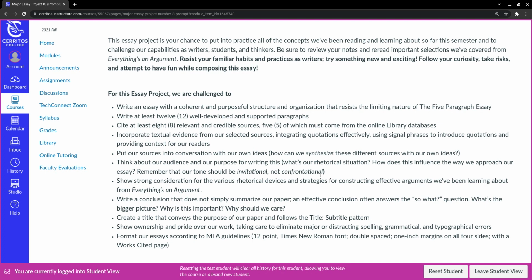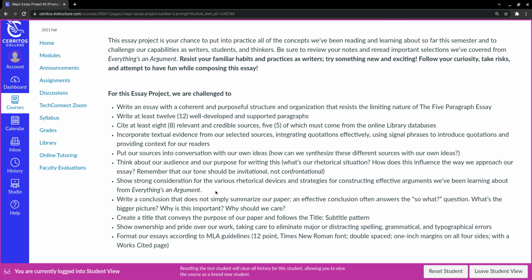What we're going to do is build on the skills that we've developed from our previous major essay projects and continue to build on them in our own writing. So be mindful of our rhetorical choices. How can we make our argument most successfully? We're challenged to show strong consideration of the various rhetorical devices and strategies for constructing effective arguments we've been learning about from Everything's an Argument.